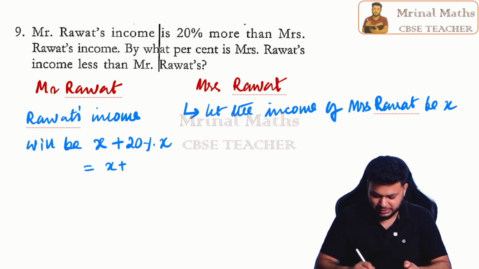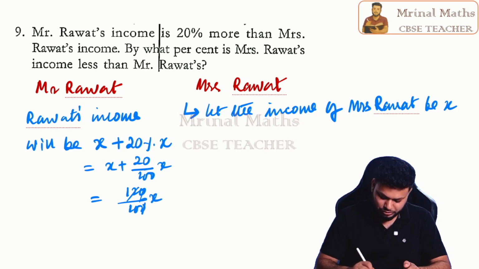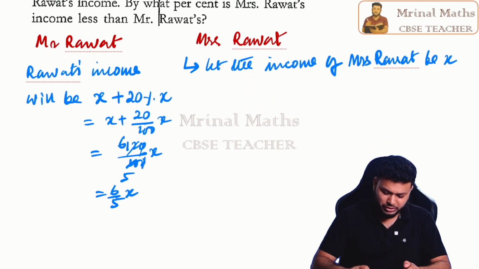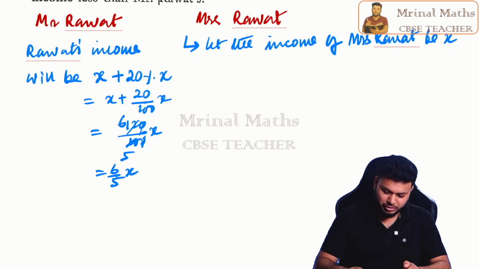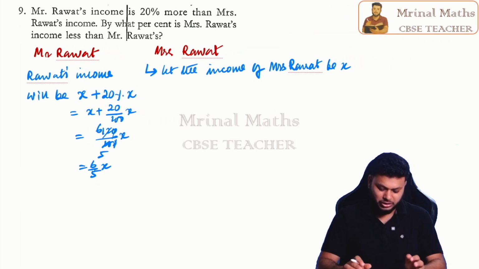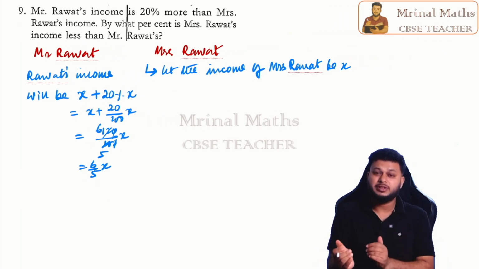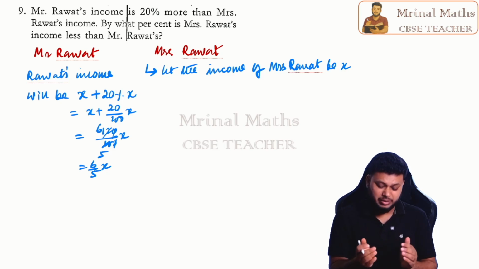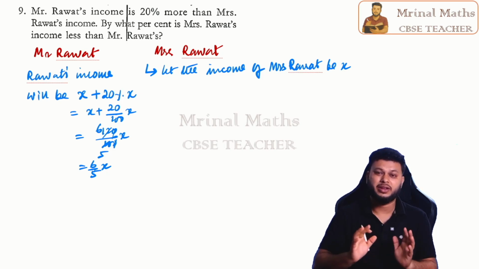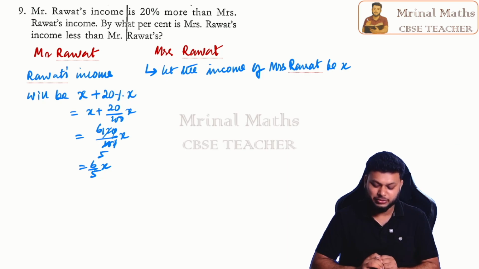So X plus 20 by 100 X. If you solve this out, you are going to get 120 by 100 X, which is 6 by 5 X. So we got Mrs. Rawat's income to be X and Mr. Rawat's income is 6 by 5 X. This is the current scenario.